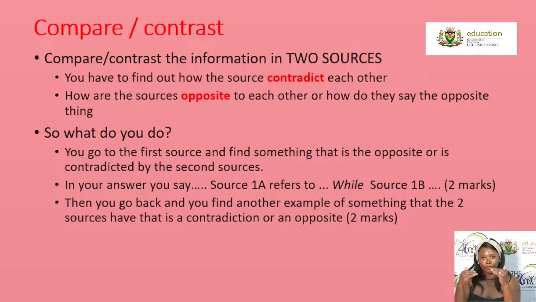And if you look at the answer, it needs to show contradiction. It needs to show differences. It does not need to look the same, like when you answer for sources that support each other. And then you go back and find another example of something that the 2 sources have that is a contradiction or an opposite. So once again, you do not just compare once, you need to make sure that you compare twice, please.